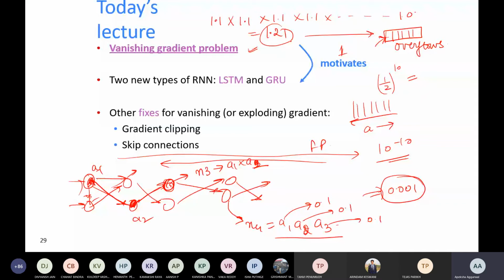Exploding gradient means you are multiplying by a value slightly larger than 1 multiple times, and in the end it overflows, so the network stops. It is not able to train, because it says it is not a number. Suppose you have 2 bits and your calculation comes to 3 bits, this is overflow, so it will not be trained. So this is called the exploding gradient problem.